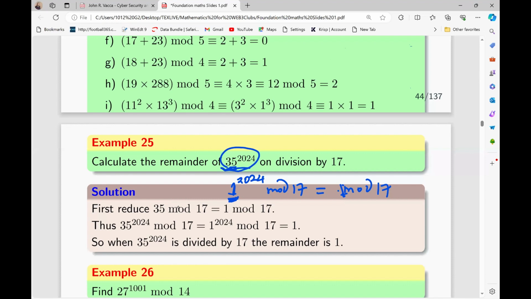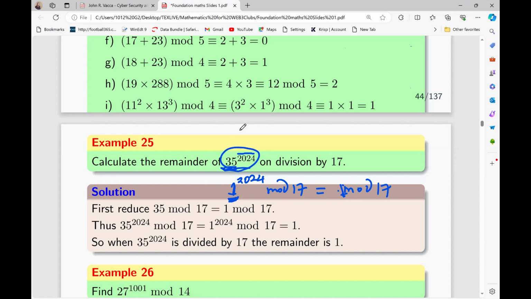You think about that, because we can be given a very big number raised to a very big number, and we are getting the remainder. Of course, I showed you this using the fast powering algorithm.